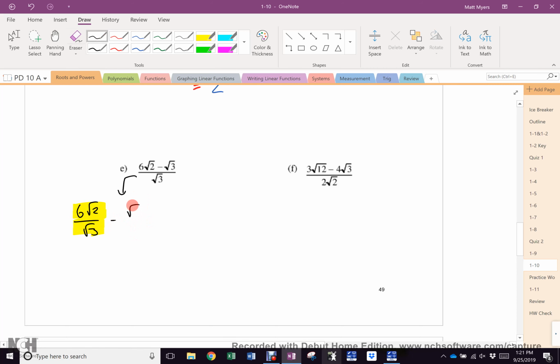It's got that yucky denominator, right? So I'm going to get rid of that by multiplying by what? Root 3 over root 3. And I will get 6 root 6 over 3 minus 1. Now what will I do here? Divide to get 2 root 6 minus 1.